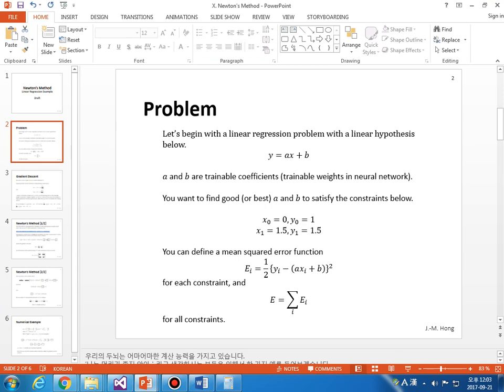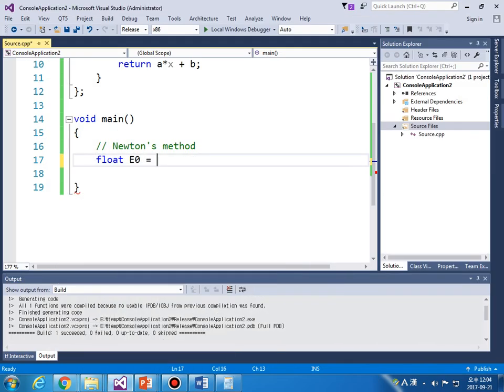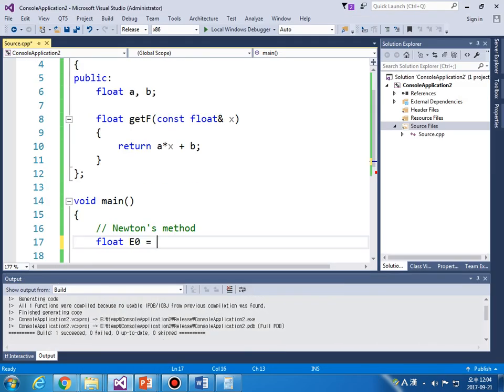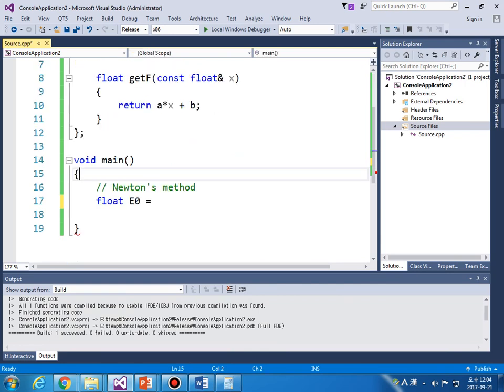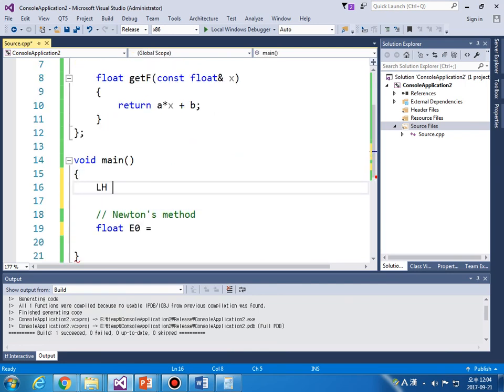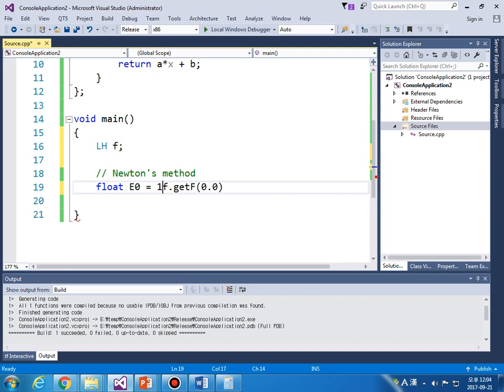So 0, 1, 0, 2, 1, 0, 1. So we have function f dot get f x minus, let's do this, y target was 0, minus, and square.